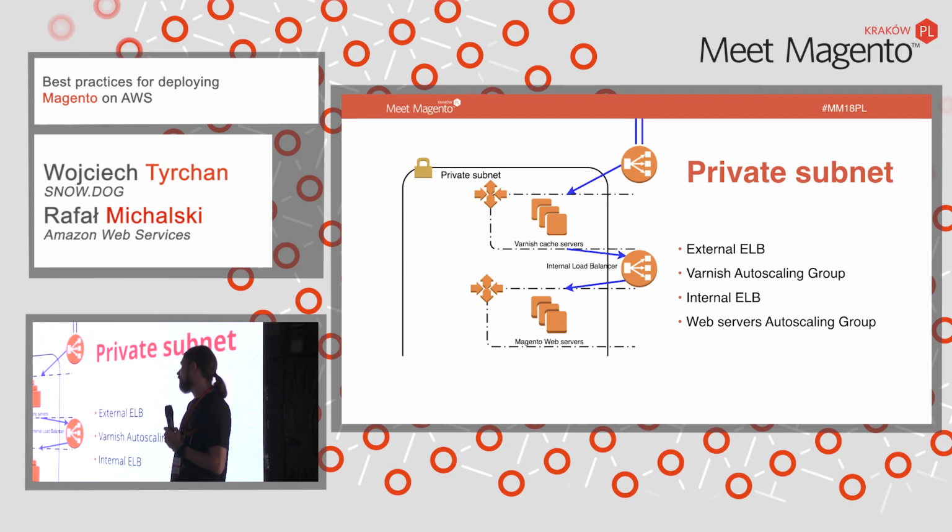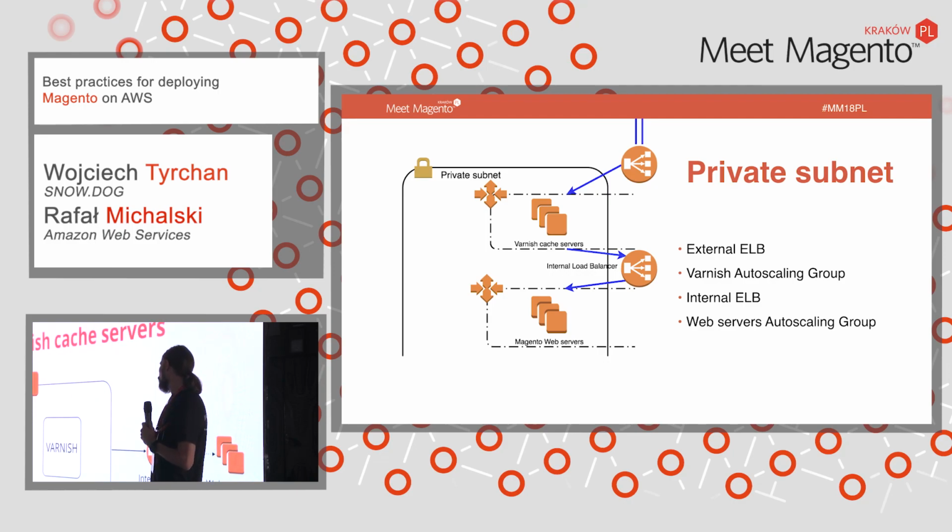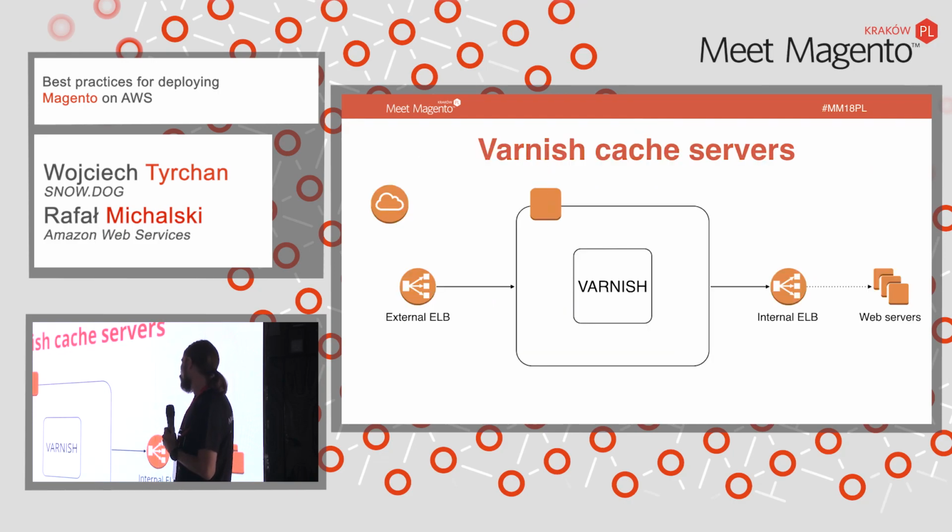It's in a private section of our network. And there is the Magento web servers' autoscaling group down below. To simplify this, I'll just take one Varnish server out of the group.